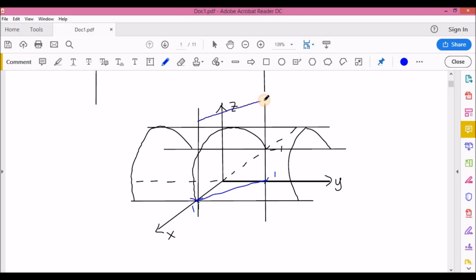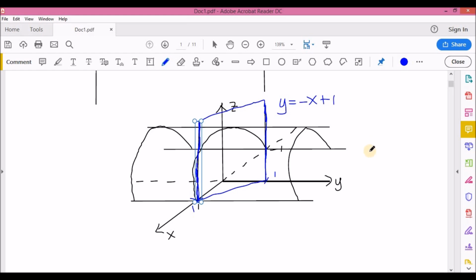So this one will be a plane. Okay, so I use the blue color line. I hope you can see this plane. So this one represents the y equals minus x plus 1 plane.